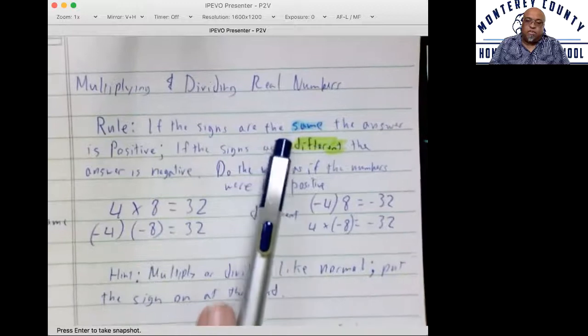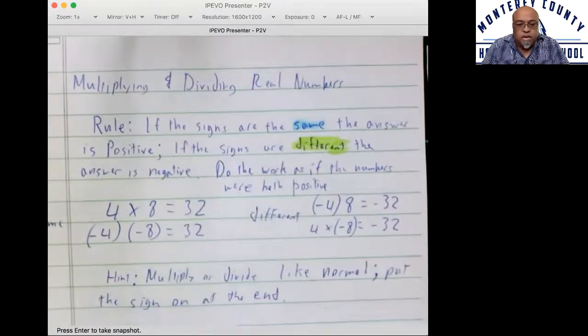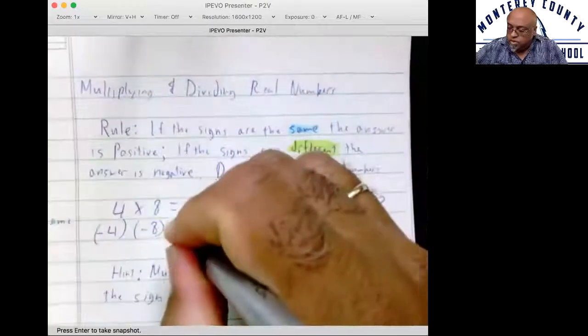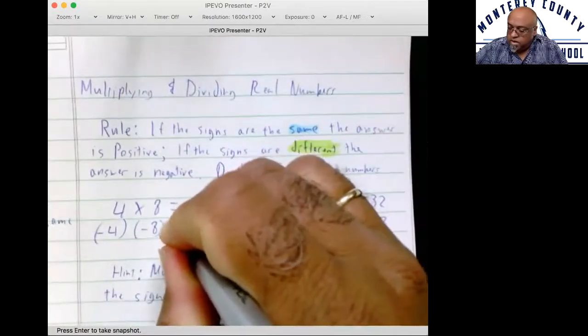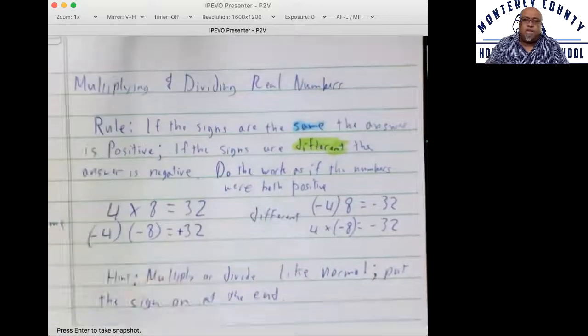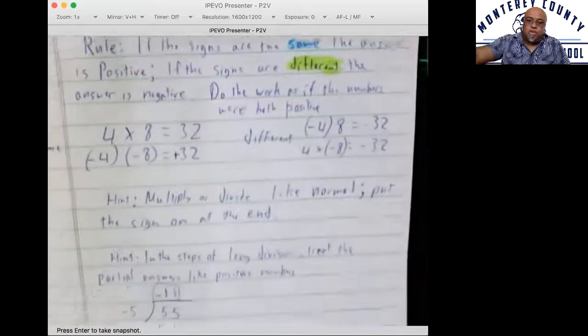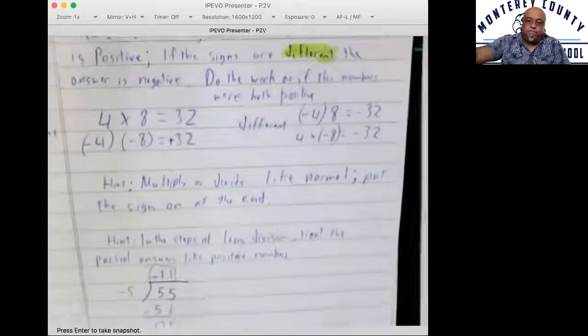Since the signs are the same, I put a positive sign, or I leave no sign, which indicates automatically that it's positive. Sometimes with a problem with a lot of negative and positive integers, it's good to put the plus sign in the answer, but it's not necessary. If an answer is positive, it can be written as positive 32 or just as 32. Any questions? Feel free to email.